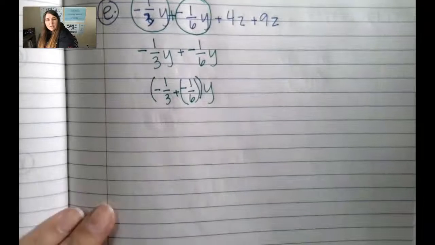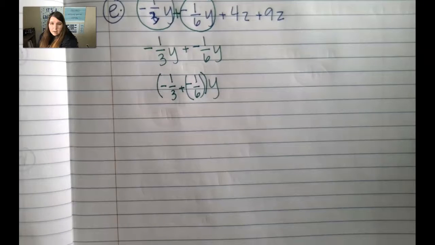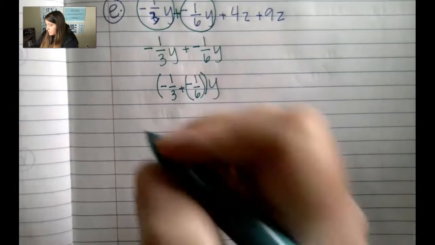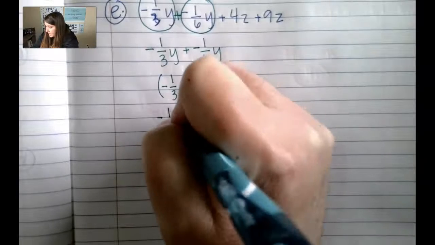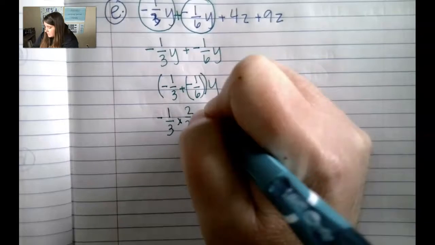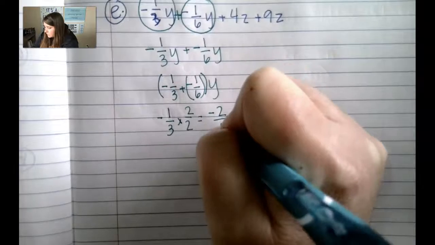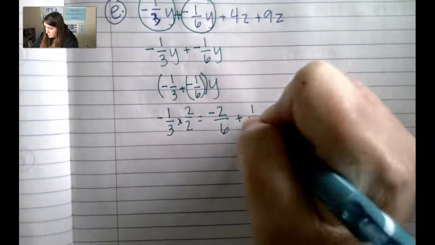Okay, we're adding fractions, which means that when we add fractions, we are needing to have common denominators. So let's make some common denominators here. I can turn this to 6 by doing 2/2. So that gives me negative 2/6 plus this negative 1/6.